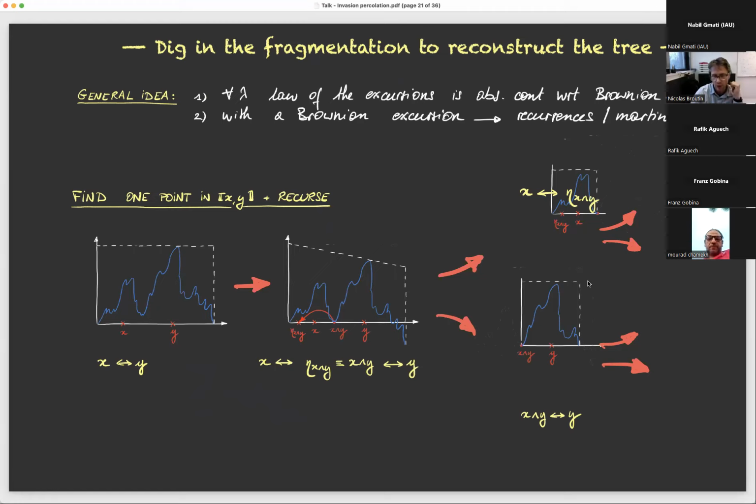Okay? So when you do this, you will construct a set of points. So my set of points is the set of points that disconnect and the uniform points. And you take the closure of this set. This will give you a Cantor set. And it turns out that you can think of this Cantor set as the set of points that are used to go from x to y.